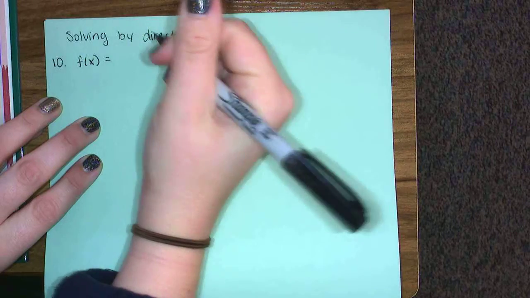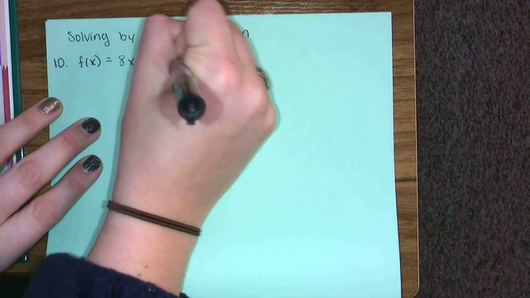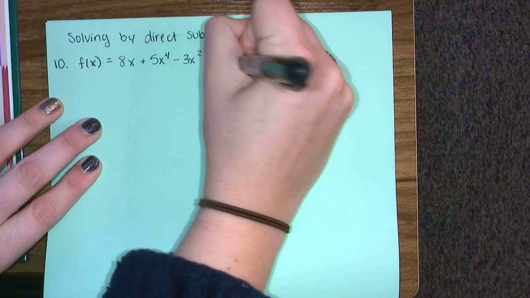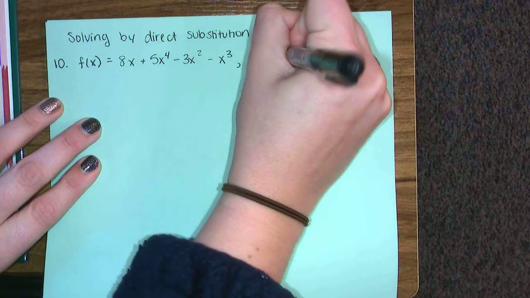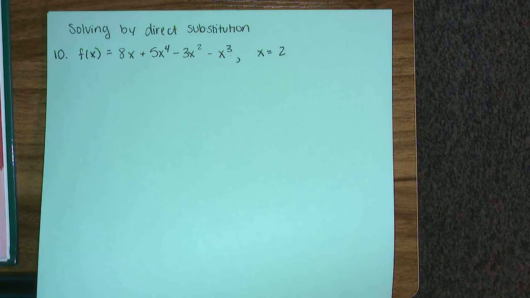F of x is equal to 8x plus 5x to the fourth minus 3x squared minus x cubed. And we're told that x is equal to 2. We're plugging in 2 everywhere we see an x in the equation, and you do have to show that step.